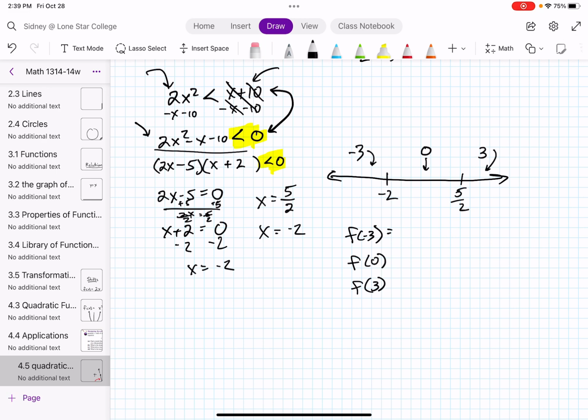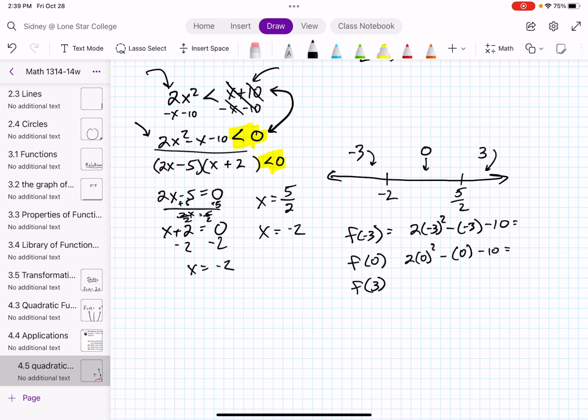So let's see here. I got 2 times negative 3 squared minus negative 3 minus 10. I would highly encourage you to substitute in parentheses with this many negative numbers. It's very easy to make mistakes. Please substitute in parentheses.